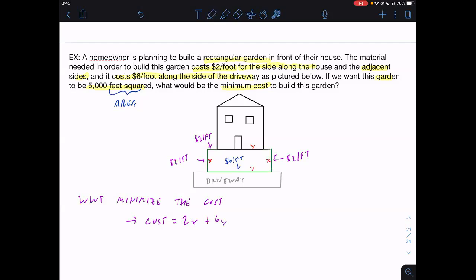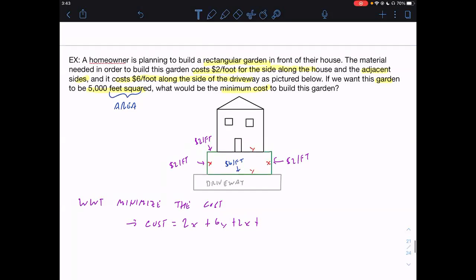Plus the side on the right, $2 per foot, where x represents the length of that side, so 2 times x, plus the cost of the top side, where it's going to cost us $2 per foot and the number of feet of the top side is represented by y, so plus 2 times y.